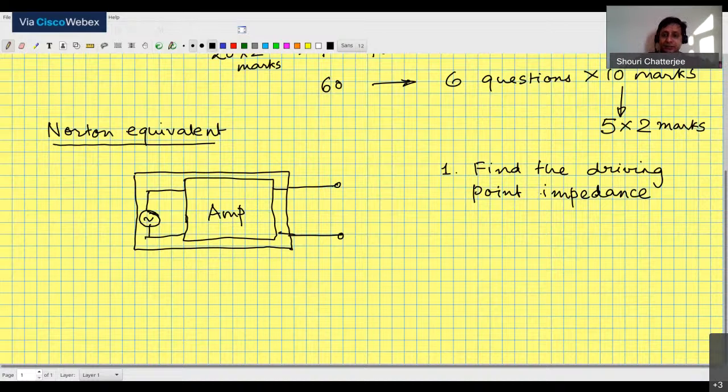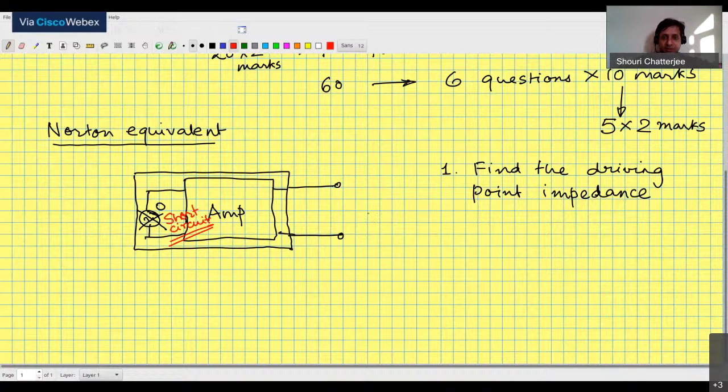When you want to find the driving point impedance, the first thing you have to do is make this input source equal to zero. That is, you have to short circuit it if it's a voltage source.